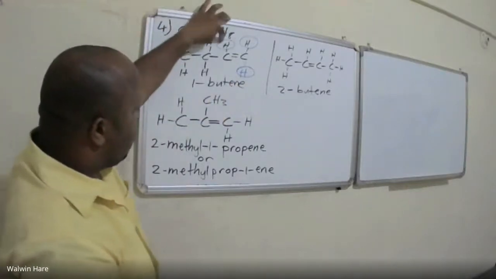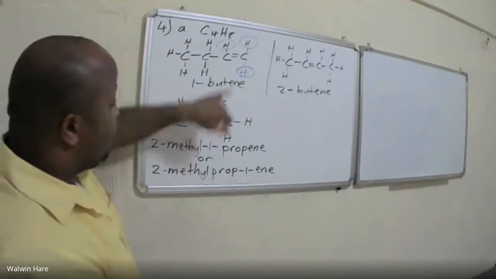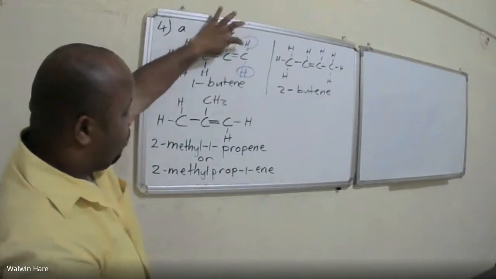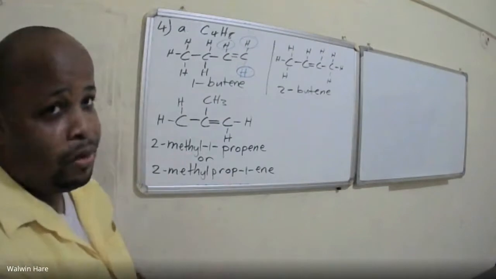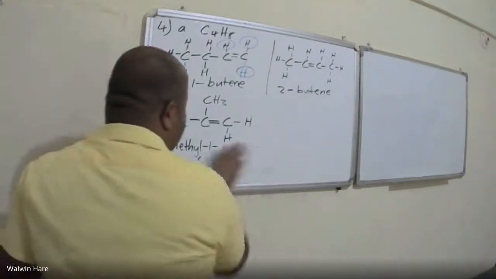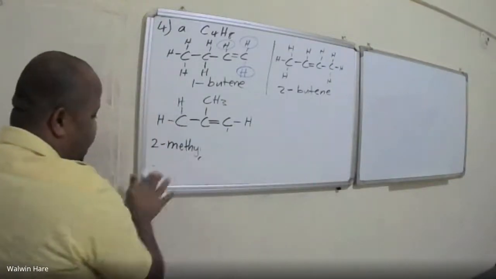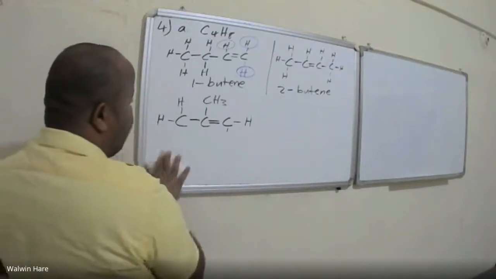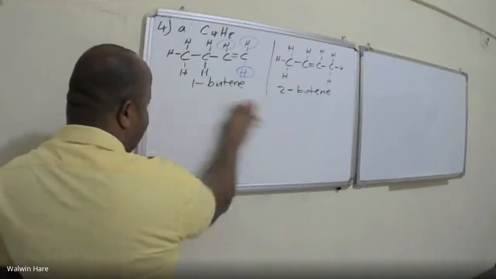This has hydrogen in common, so that's good. However, this carbon has two of the same groups, so it cannot work. So when you're looking for cis-trans isomerism, each individual carbon of the double bond should not have two of the same atom or two of the same group of atoms.